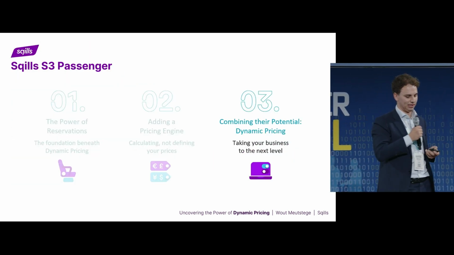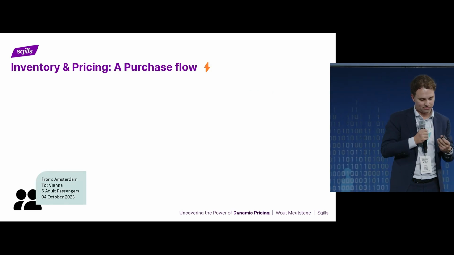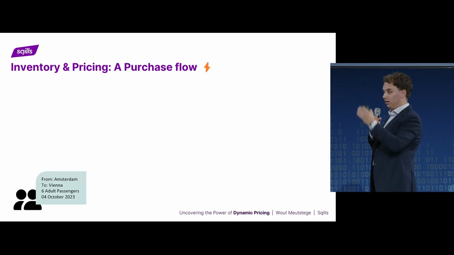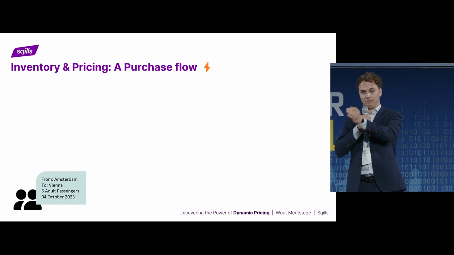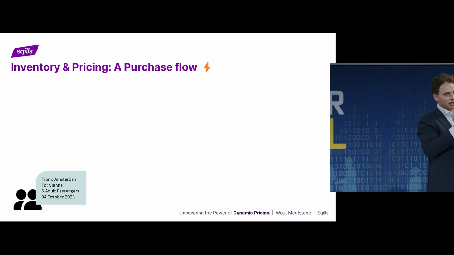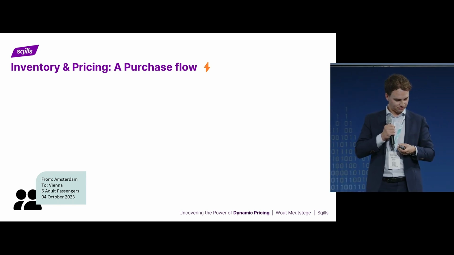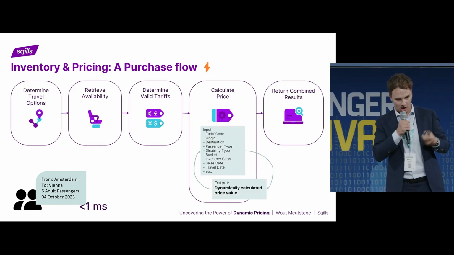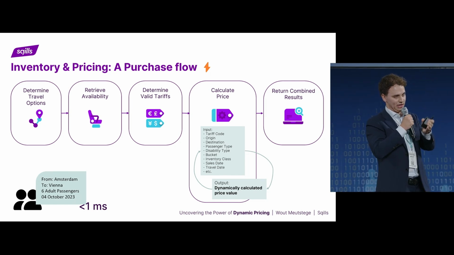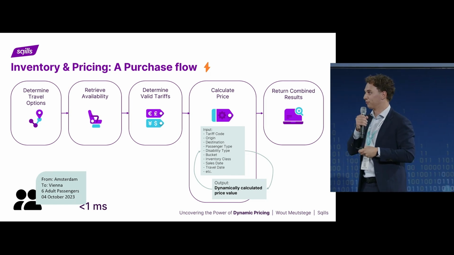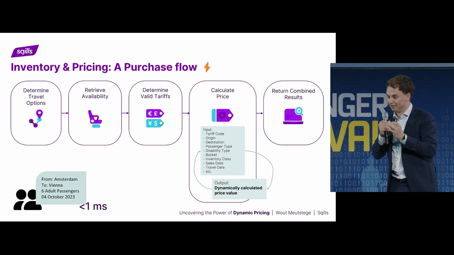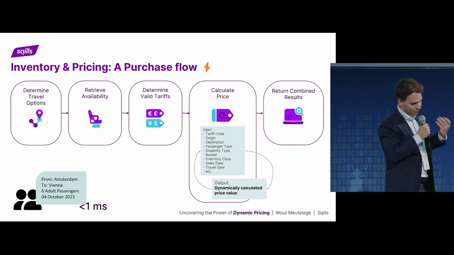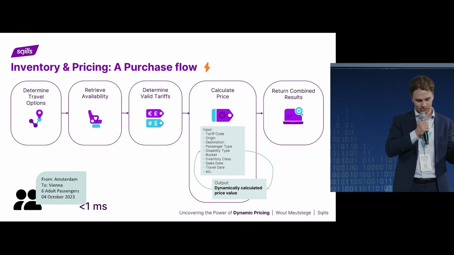Because if we combine these factors, and we look at the realistic purchase flow, for example, me and 6 of my colleagues traveled from Amsterdam to Vienna yesterday, there's a lot of factors that come into play here. First of all, I have to search for valid travel options. How many options can I take from Amsterdam to Vienna by rail? I think the only option for me is the Nightjet, but say that there's more options to go, we have to evaluate all of those travel options.